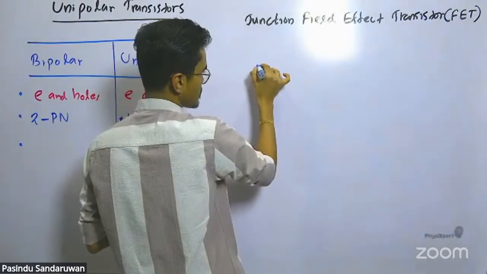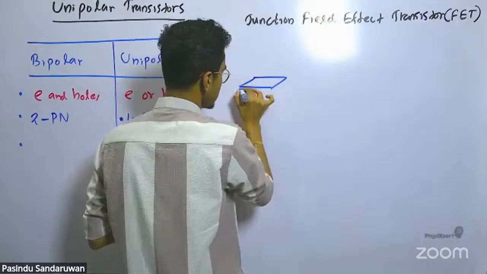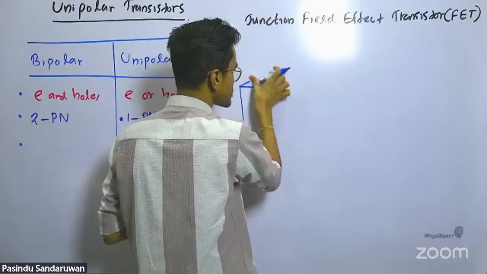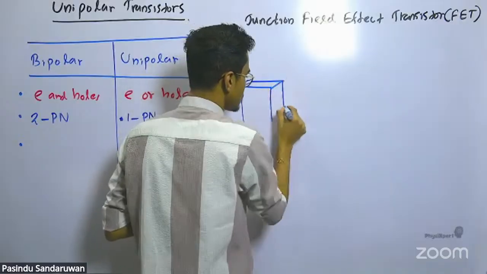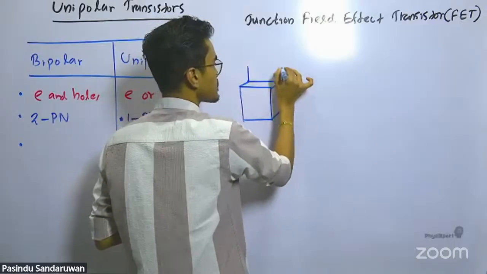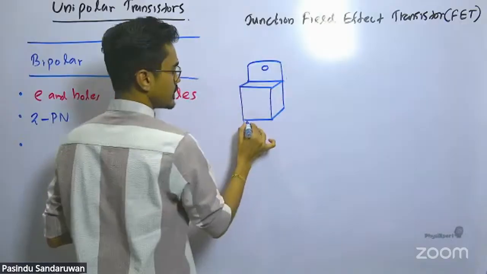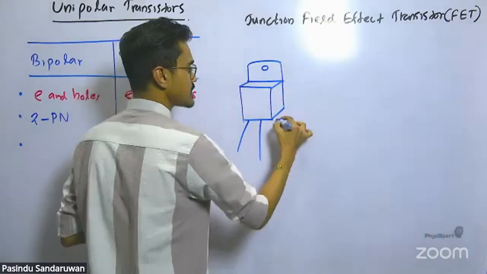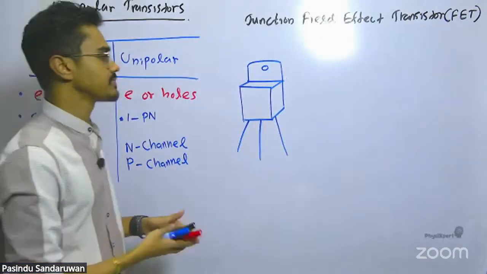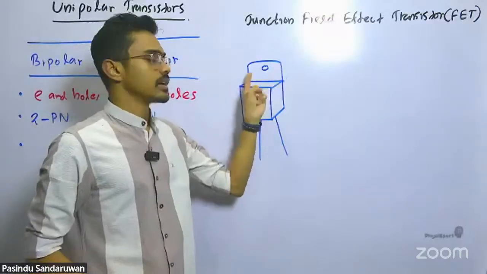Physically, it is like this. It has three legs, like our bipolar transistors, and physically this is how it looks.